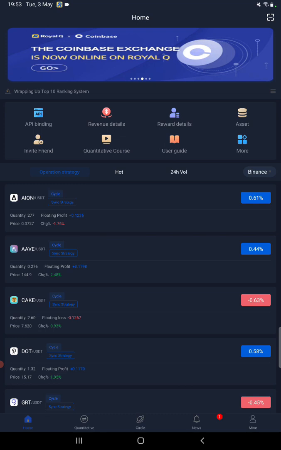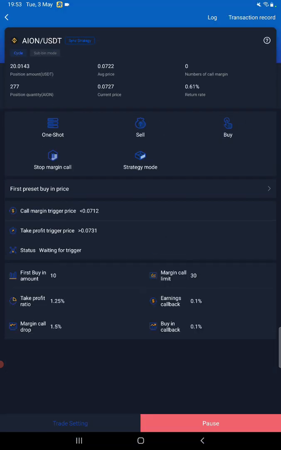I'm going to take Aeon, which is about 0.61%. Please understand that one of the rules in trading is, when you see a desirable profit, take the money. Don't stay in the trade too long, because sometimes the market can go against you and you can lose the opportunity of profitability. So please take note of that.